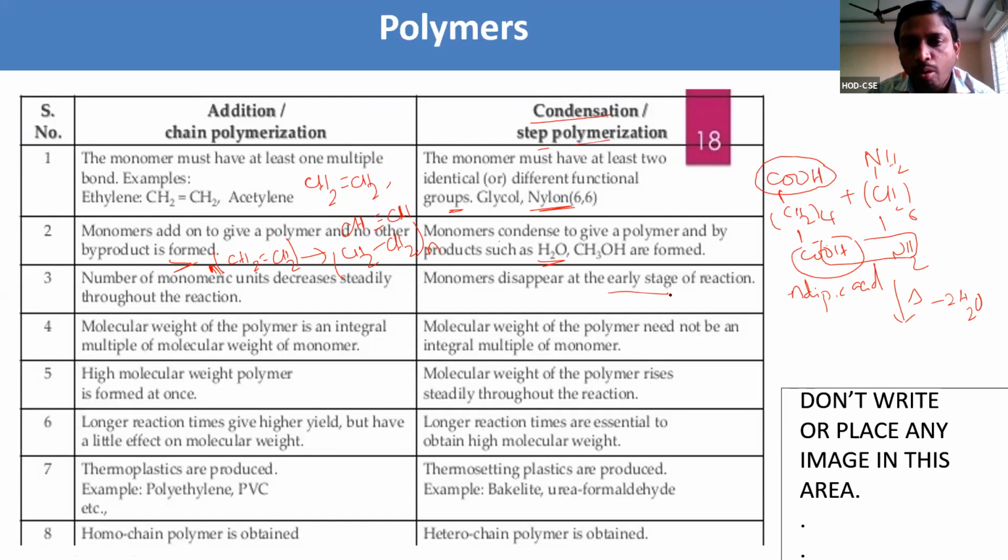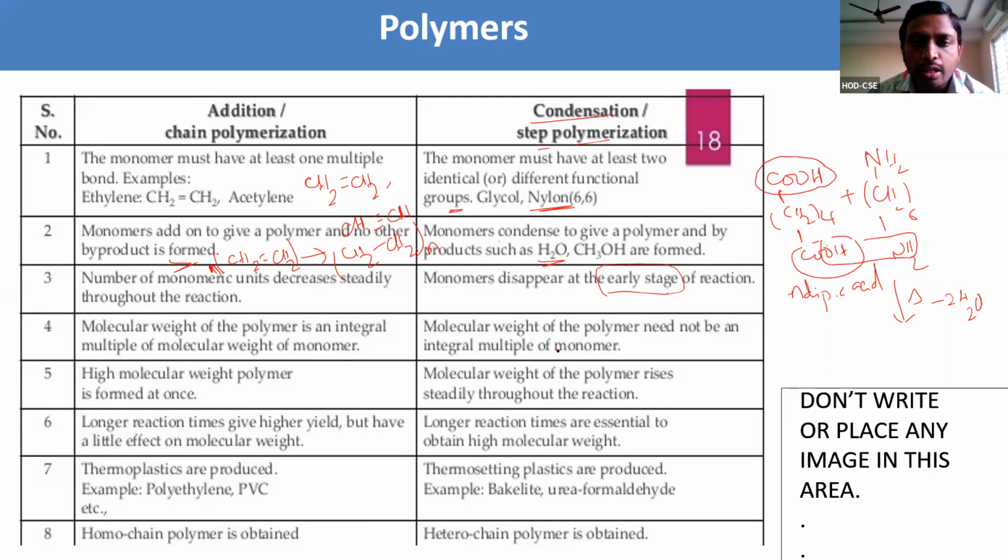It means there are no monomers left in the polymer. The polymer is different from whatever monomers we take. Now, coming to molecular weight: in addition polymerization, the molecular weight of the polymer is an integral multiple of the molecular weight of the monomer, meaning the amount of monomer taken gives that much polymer.